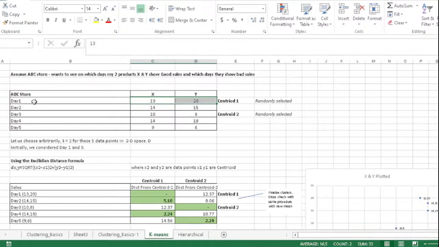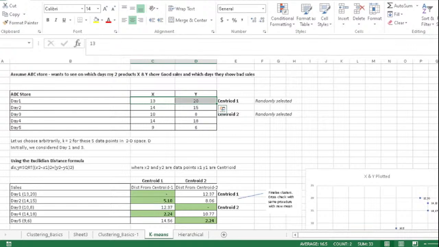I have to classify them into two clusters. Again I have arbitrarily chosen k equal to 2. It will depend on how many clusters you want to create when you are working in a real scenario.